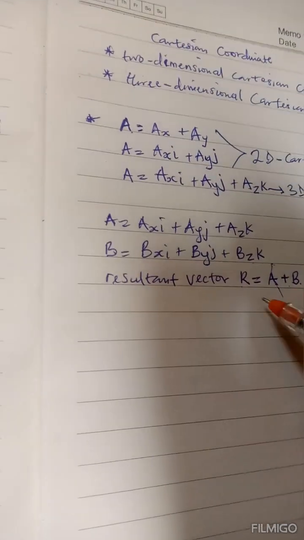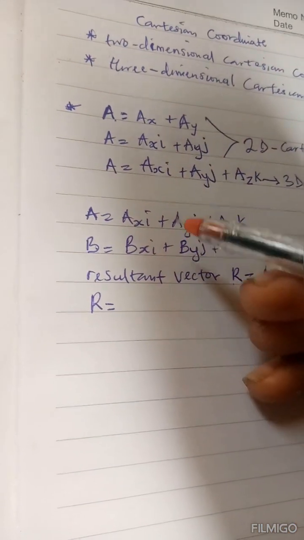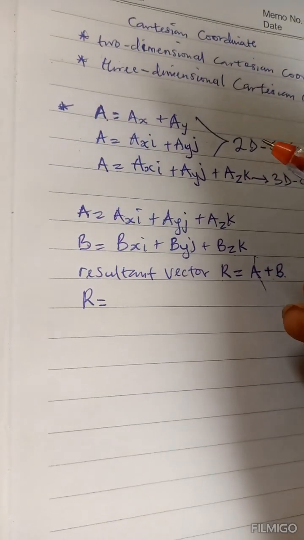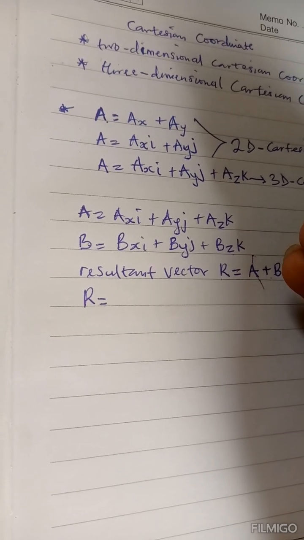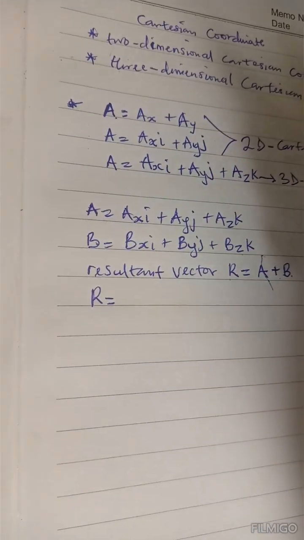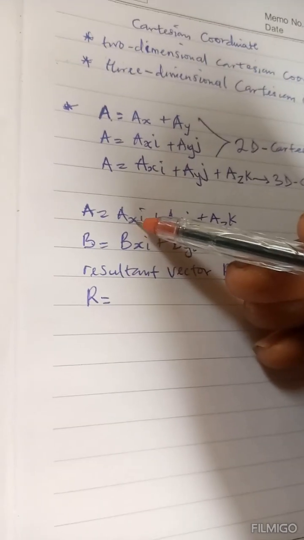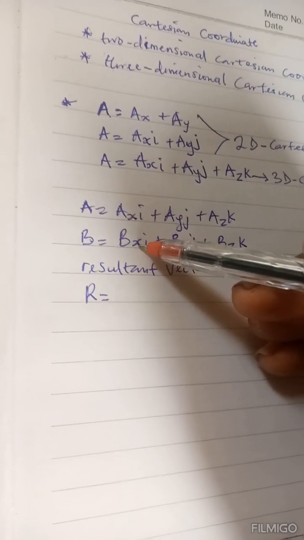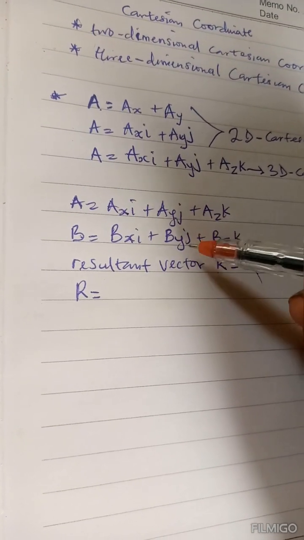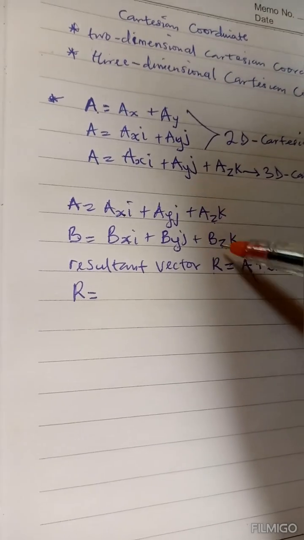Now, finding my resultant vector R, I'm going to be putting together the vector components that are common. I'm going to be adding together the vector components that are common. So I have AX here and I have BX here, so I put these two together. I have AY and BY, I add these two together. AZ and BZ, I add these two together.